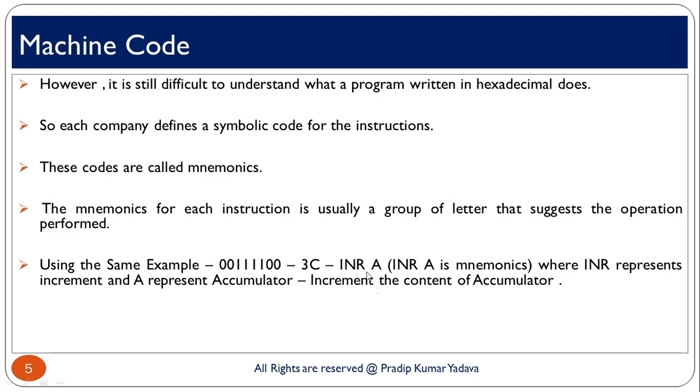The meaning of this is increment the content of the accumulator. Now we can say this is much easier to understand compared to this one. So basically this is called a symbolic code, sometimes called mnemonics, and a program written in the form of mnemonics is called an assembly language program.